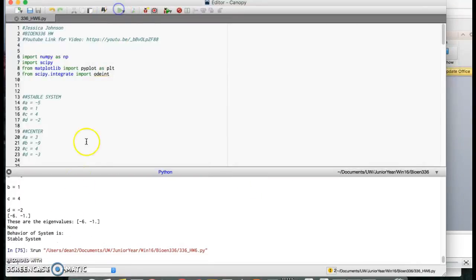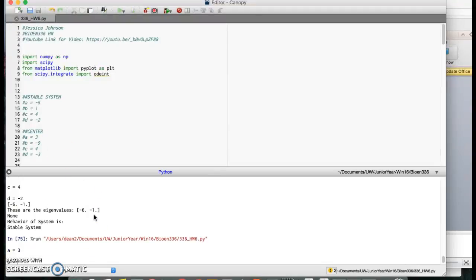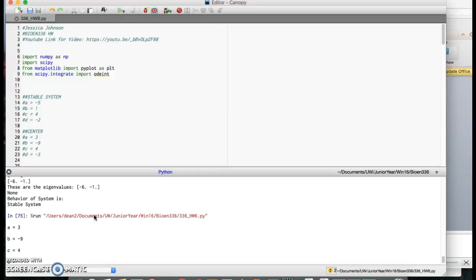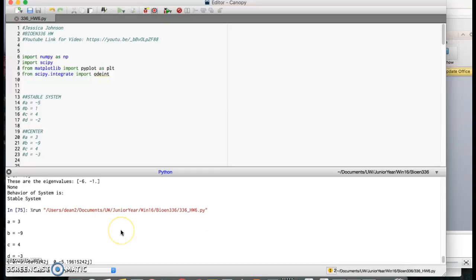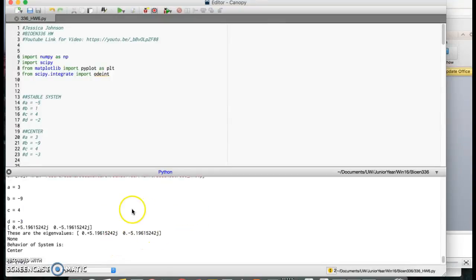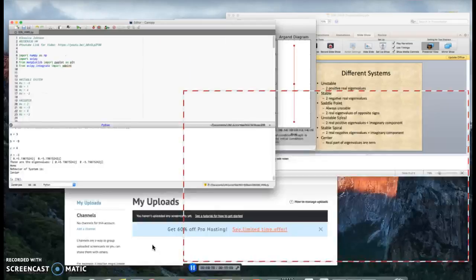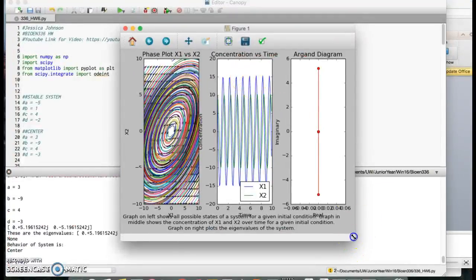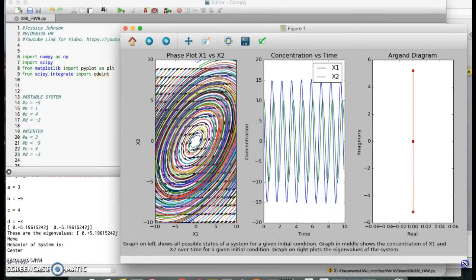For this system, I'll be inputting the values of the Jacobian again, so 3, -9, 4, and -3. In this scenario, we only have imaginary components of the eigenvalues. There's no real component. So the behavior of the system is a center system.